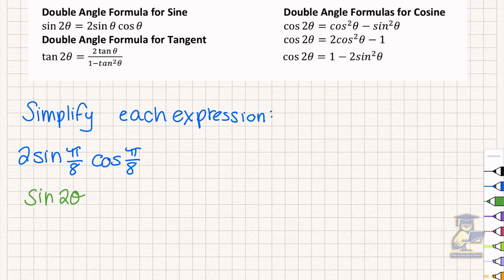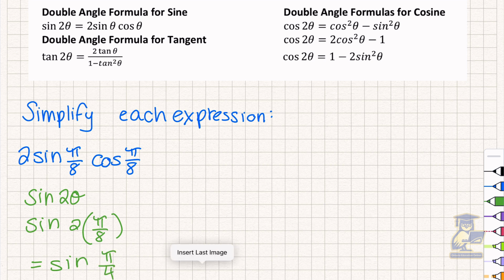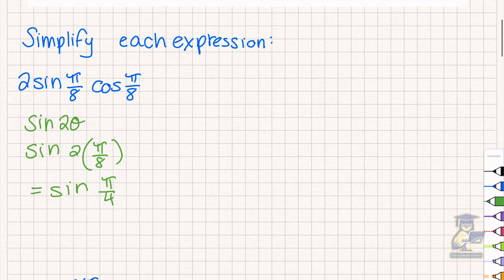So if we look at sine 2 theta, we're going to have sine 2 pi over 8, which is equal to sine of pi over 4. And then sine of pi over 4 is 1 over root 2. So we've simplified.